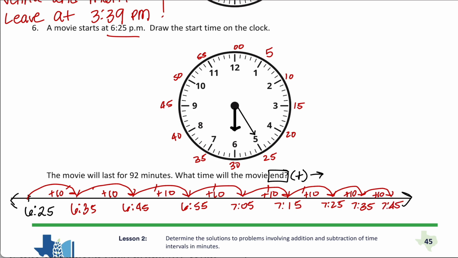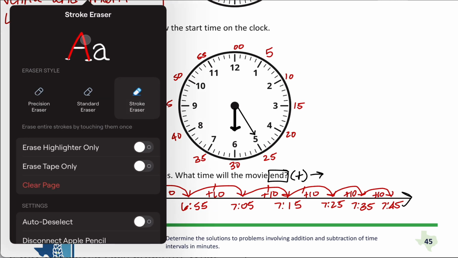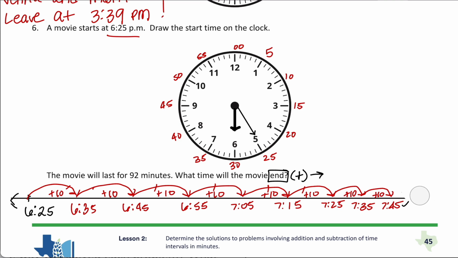And I don't have enough room on my number line, so what I'm going to do here is simply erase a little bit of the ending of my number line and just extend it a little bit more to ensure that I have room. Okay, there we go. I don't want to keep running out of room here. Okay, so let's see. 10, 20, 30, 40, 50, 60, 70, 80.